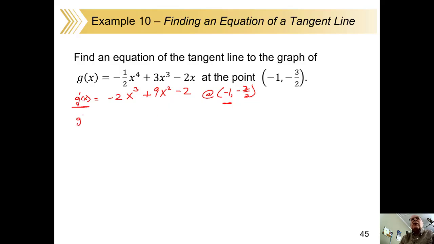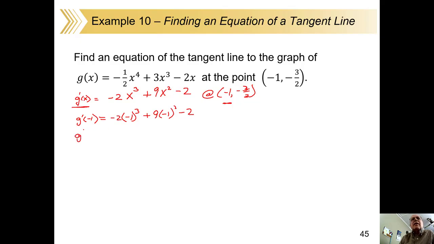So just take g prime, and the x we're interested in is negative 1. So we'll take our derivative, and where we have the x, we'll put in negative 1s. 9, negative 1 squared, negative 2.